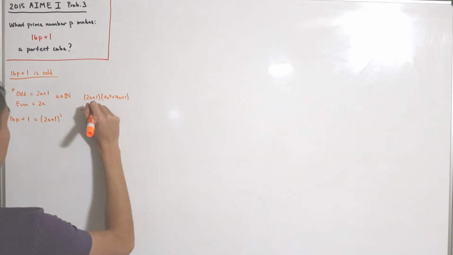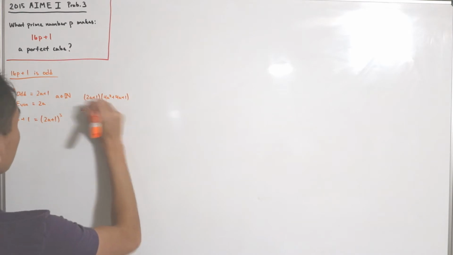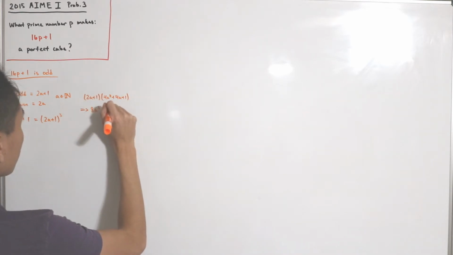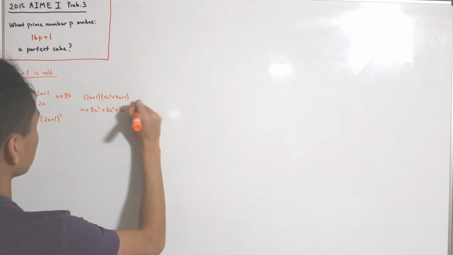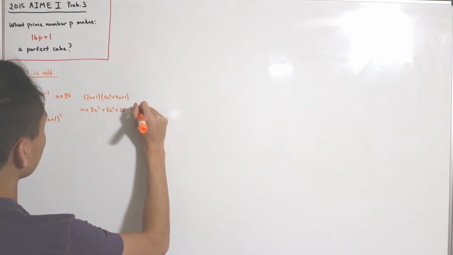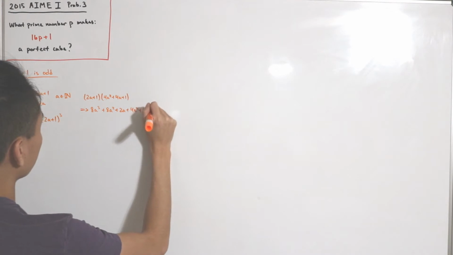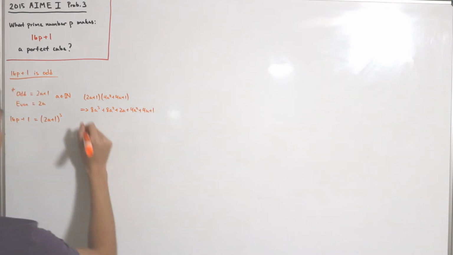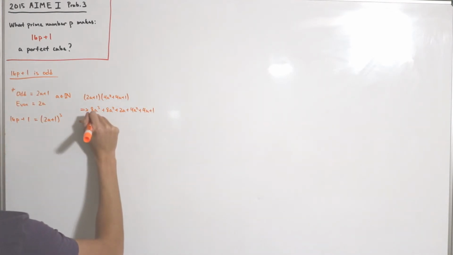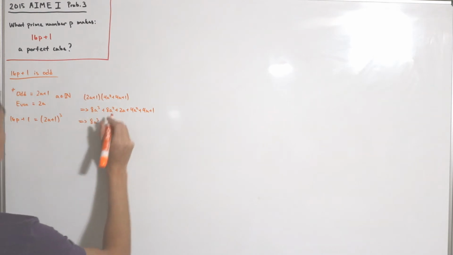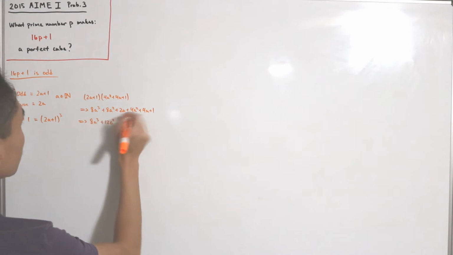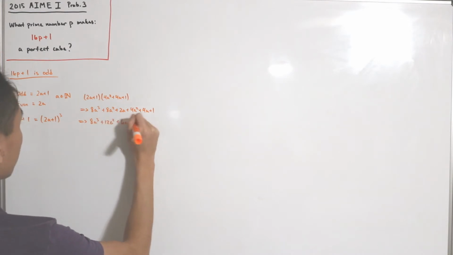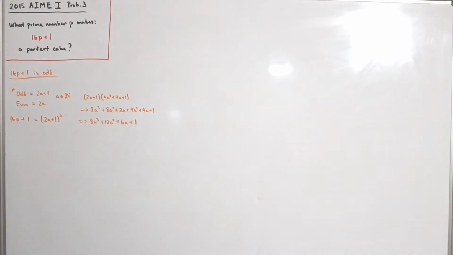So I get 8a cubed plus 4a squared plus 2a plus 4a squared plus 4a, and then plus 1. Now we just combine our terms. So this is 8a cubed plus 12a squared plus 6a, and then plus 1.